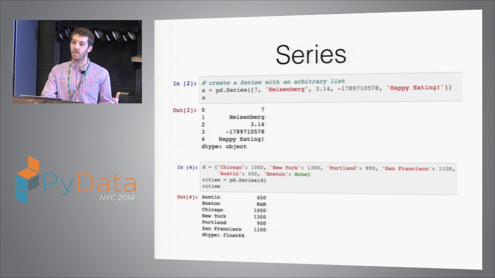So a series is very similar to a column in a database, or in R, it's called a vector. And if you notice along the left side, there's that 0, 1, 2, 3, 4. That's our index. Because we didn't pass an explicit index to the series constructor, pandas automatically adds an auto increment integer for us as the index.